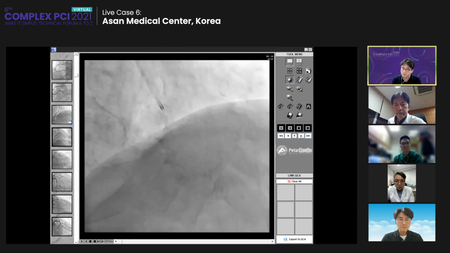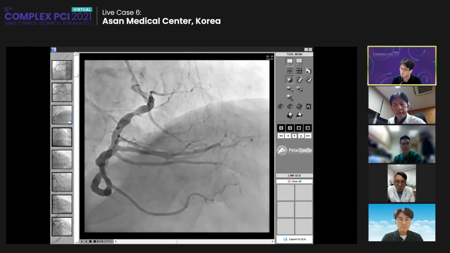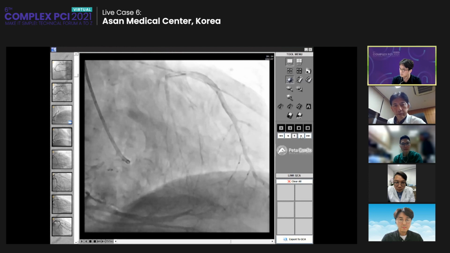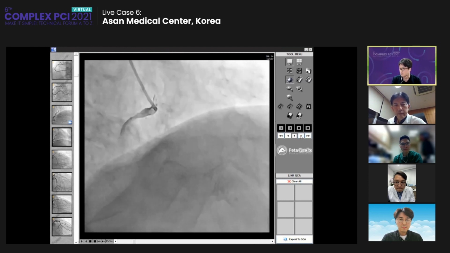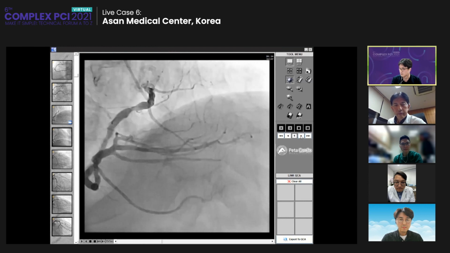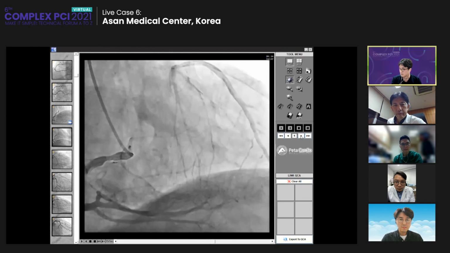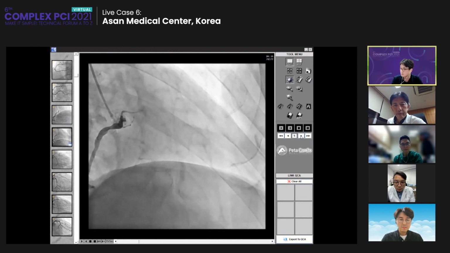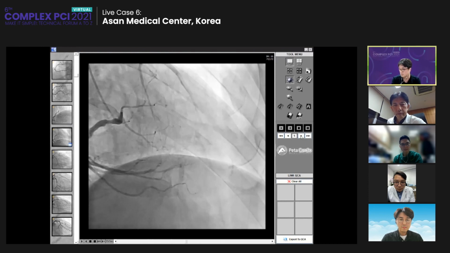And we can see several candidates of septal collaterals that we can use for the intervention, but mostly they are located at the proximal portion, which is connected to the distal cap of the CTO. I think we have to discuss what kind of collateral we can use for the intervention.